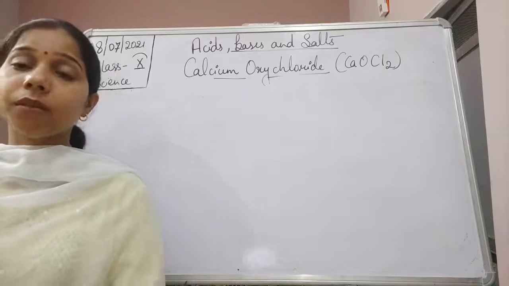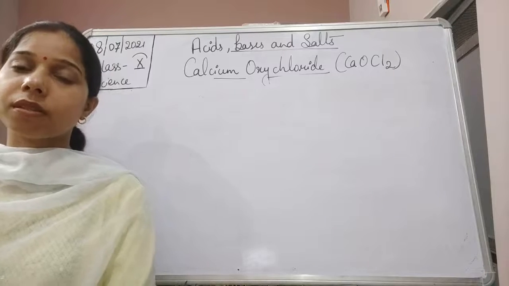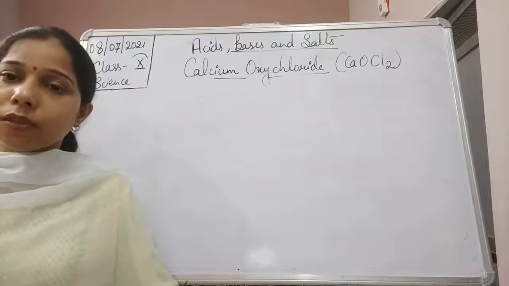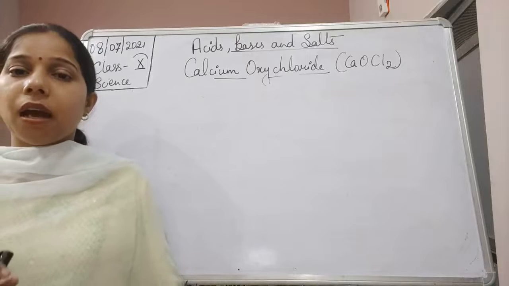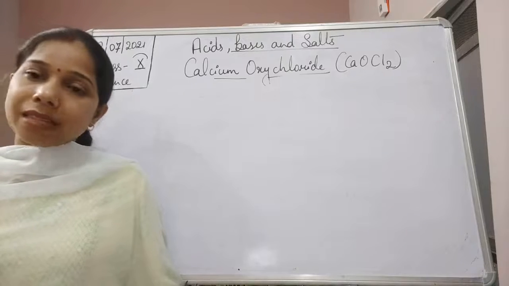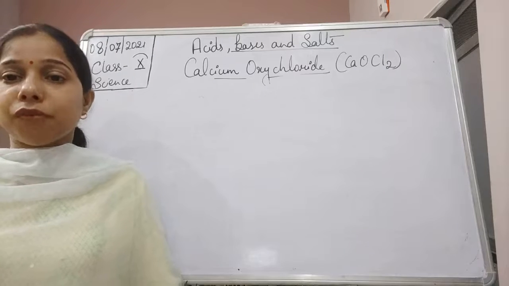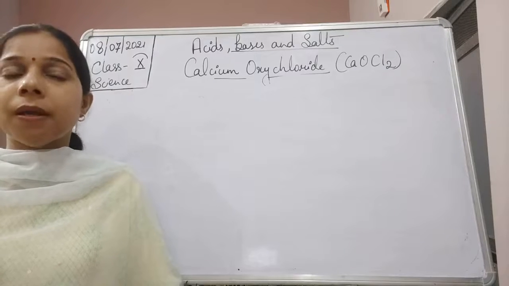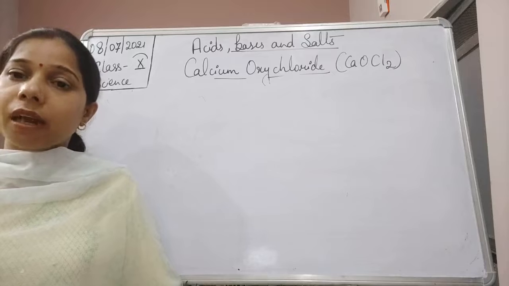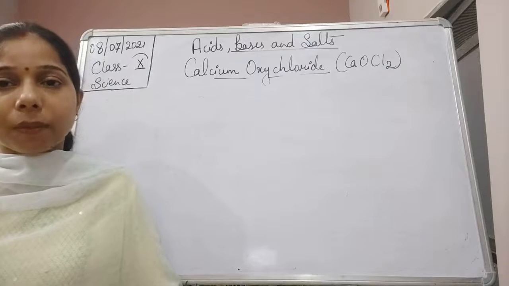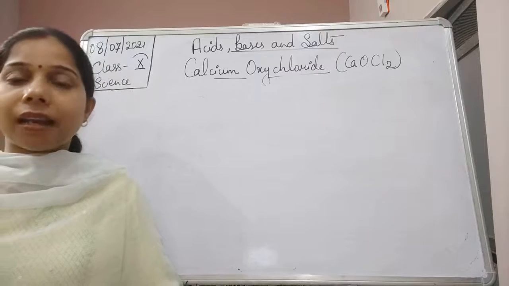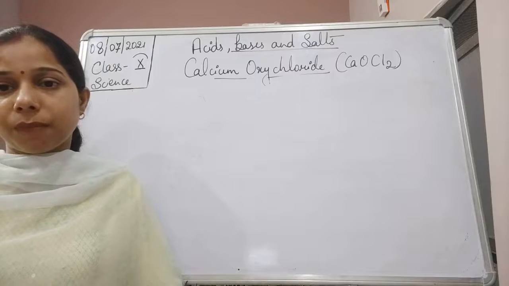In order to prepare sodium hydroxide, we took sodium chloride, which is the brine. When electricity is passed through a brine solution, NaCl dissolved in water dissociates, and finally there is formation of sodium hydroxide, and chlorine gas and hydrogen gas are released.